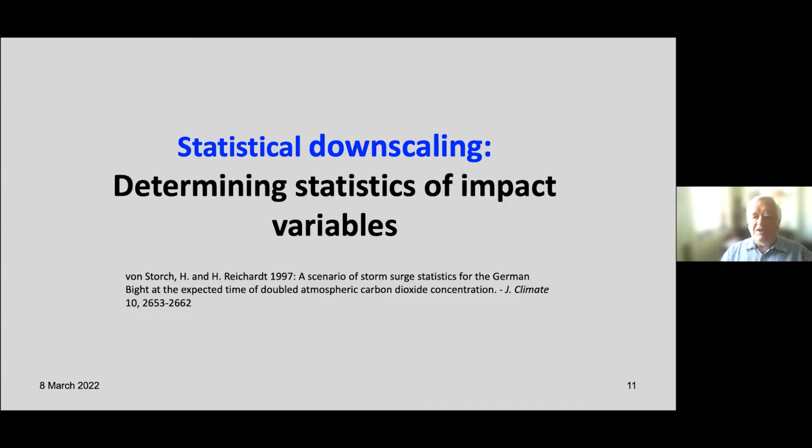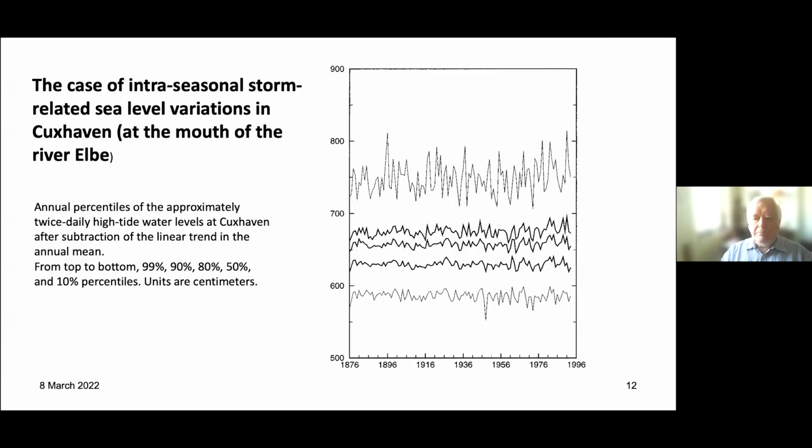Now let's start with statistical downscaling. I'm referring to a paper of some 25 years ago, where we dealt with storm surge statistics in the German Bight. In those times, we did not have these nice transient scenarios, but we just had a doubling of CO2. So in this case, what we want to know is the statistics of high tide water levels at Cuxhaven.